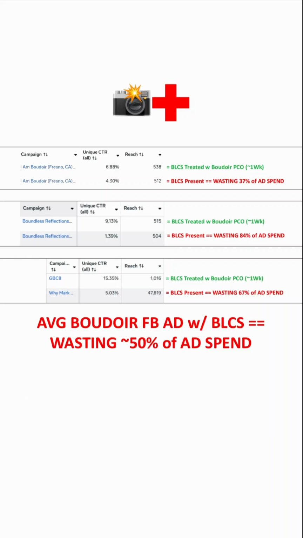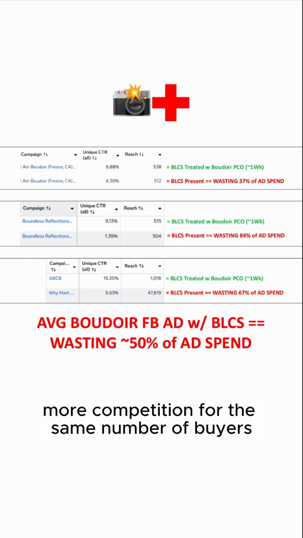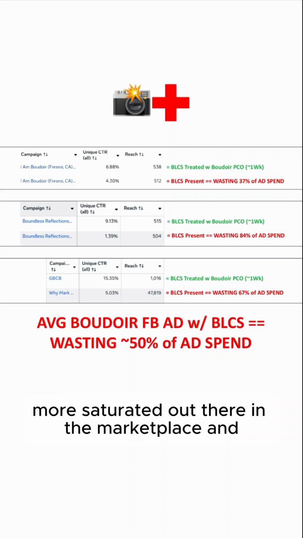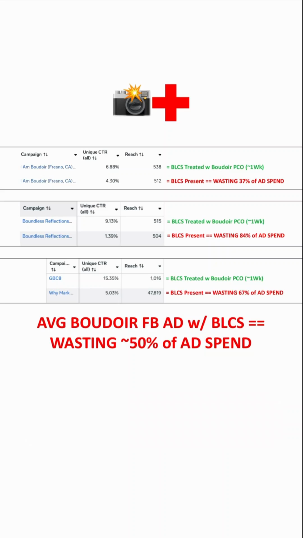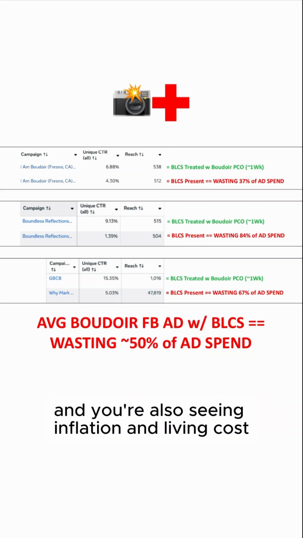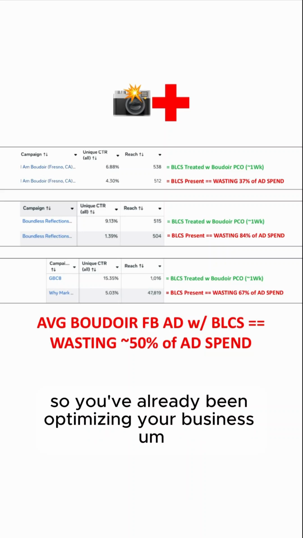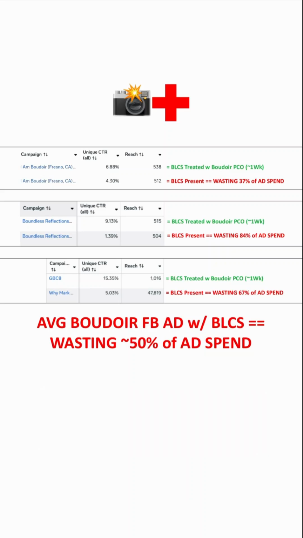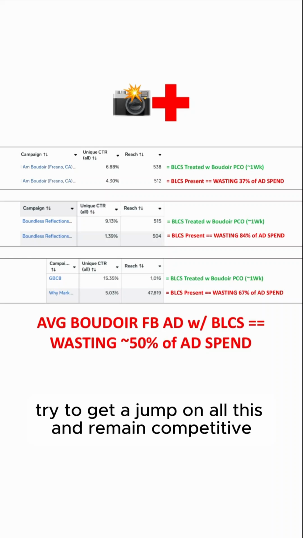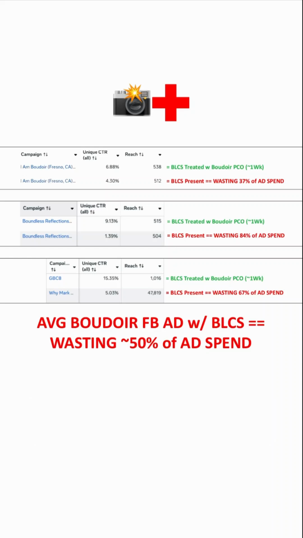So it's basically more competition for the same number of buyers. So it's getting more competitive, more saturated out there in the marketplace. And you're also seeing inflation and cost of living, taking that into account. So you've already been optimizing your business, trying to pull out more profit for ideally less input, less work. Try to get a jump on all this and remain competitive.